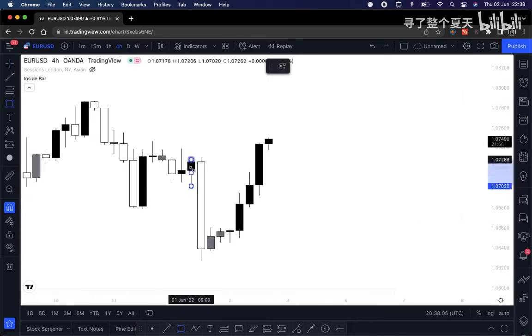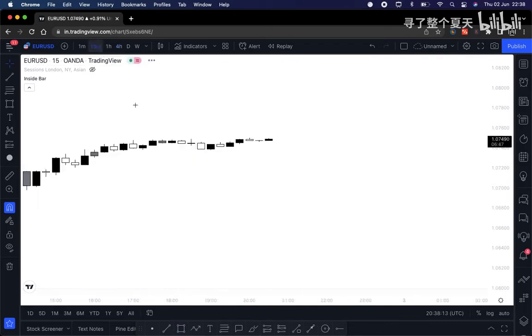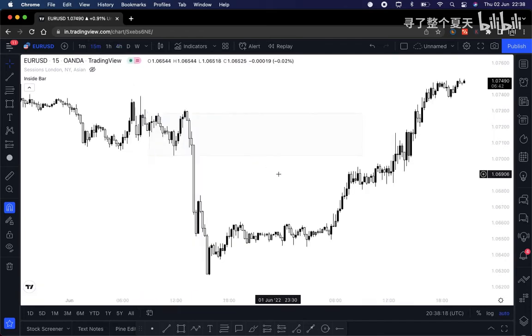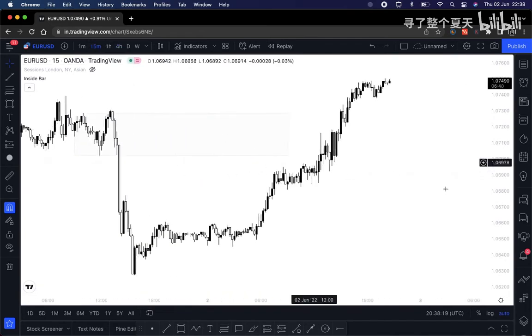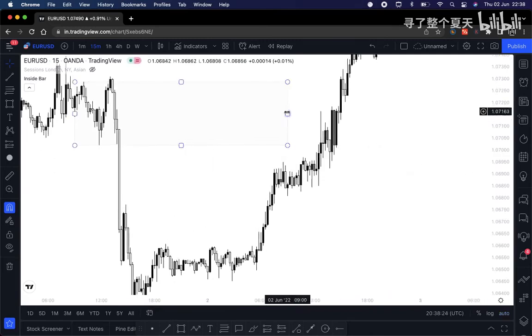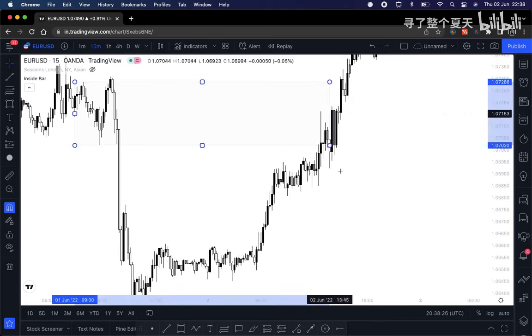Look at how price reacts as it is pushing into that zone. Let's scale down to the 15, right? You will see that there are multiple mitigations as price is pushing into that point of interest.